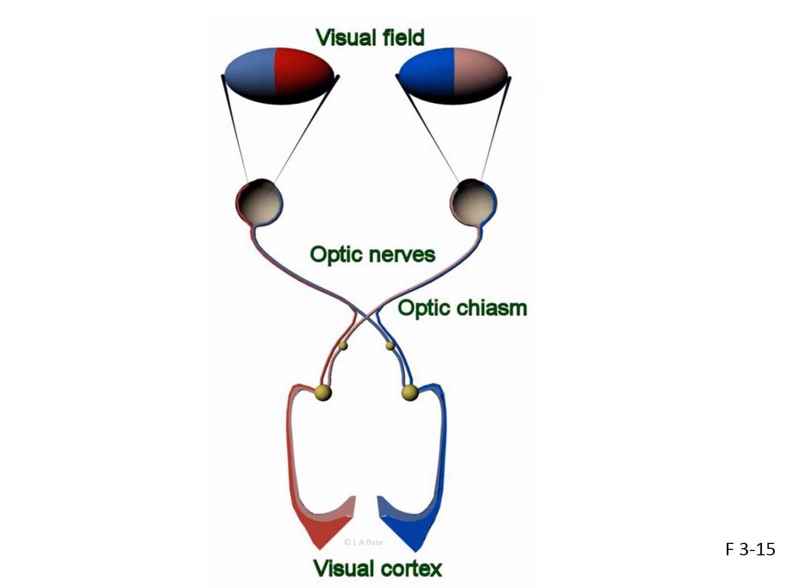The information captured by the nasal side of the left eye, which is the left side of the ball, is carried to the optic chiasm, where it crosses to the right side of the thalamus, from where it is sent to the right side of the visual cortex in the right hemisphere of the cerebrum.